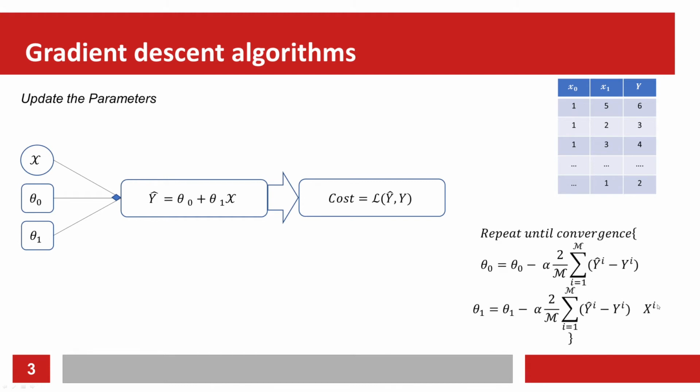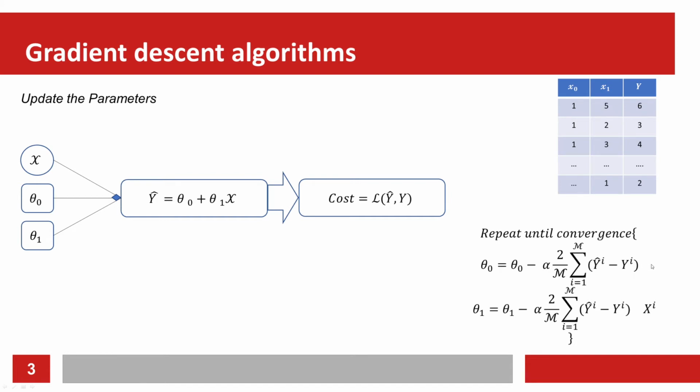For instance, let's assume we have to update theta 1. It will be the predicted y for this example minus y, multiplied by x, which is x5 in this case.